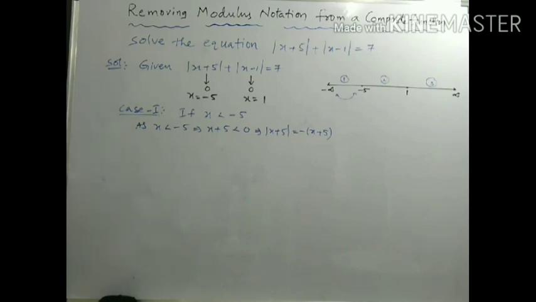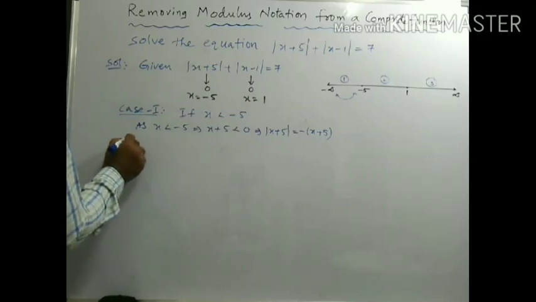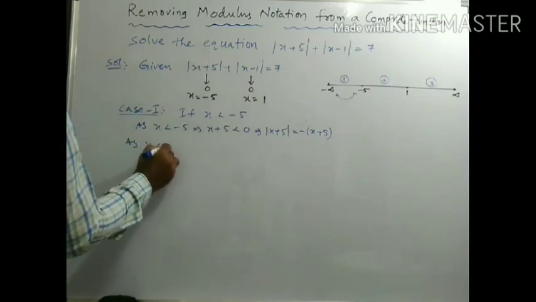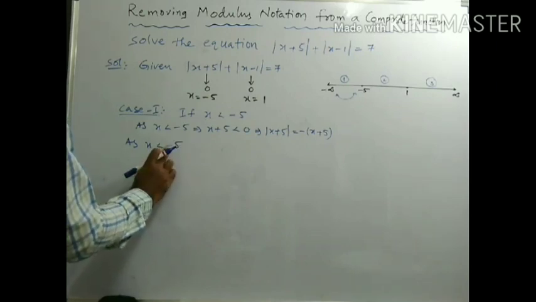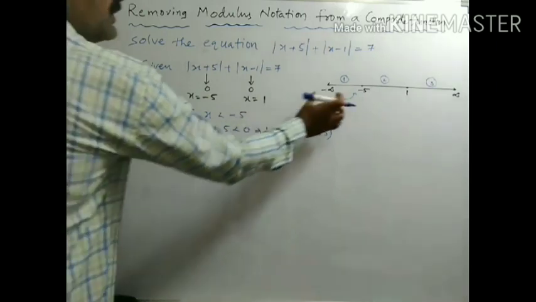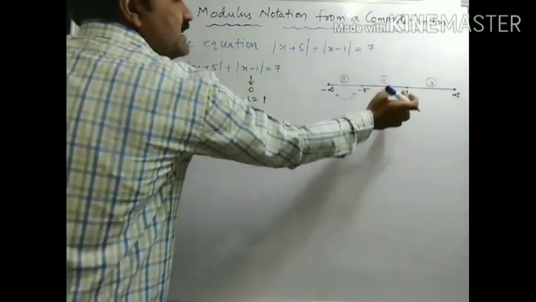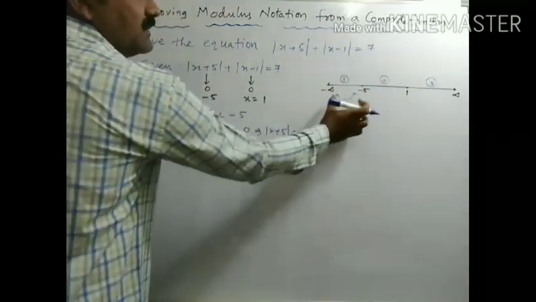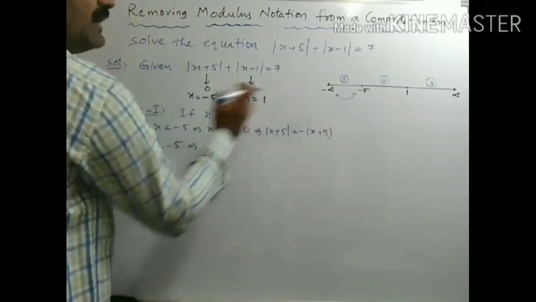Now I need to study about this. As x is less than minus 5, can we consider that less than 1 also? This set of numbers is nothing but less than minus 5, all negative values.